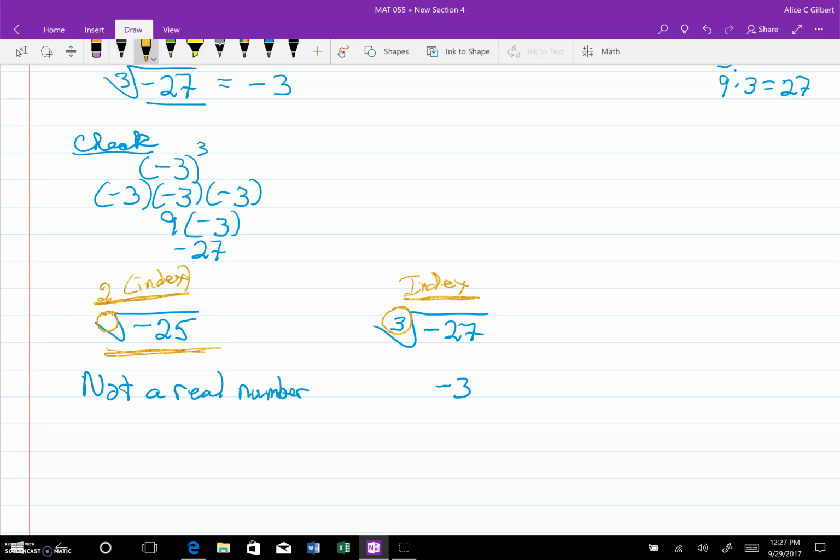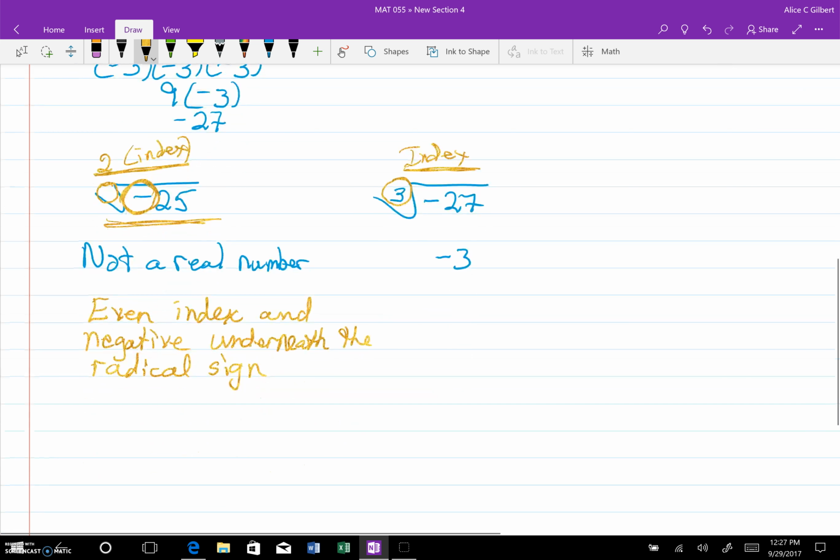So be real careful. If you've got an even index and a negative underneath the radical sign, then the answer is always not a real number.